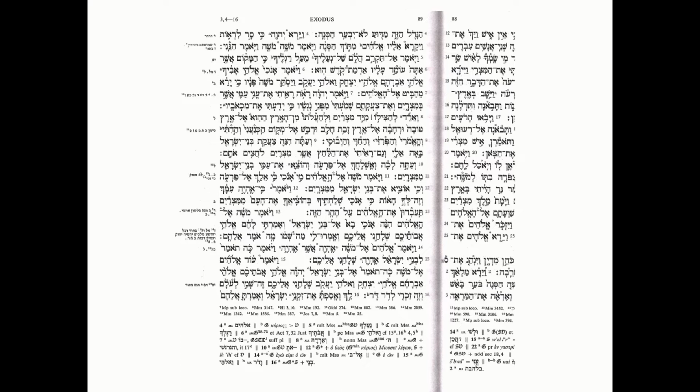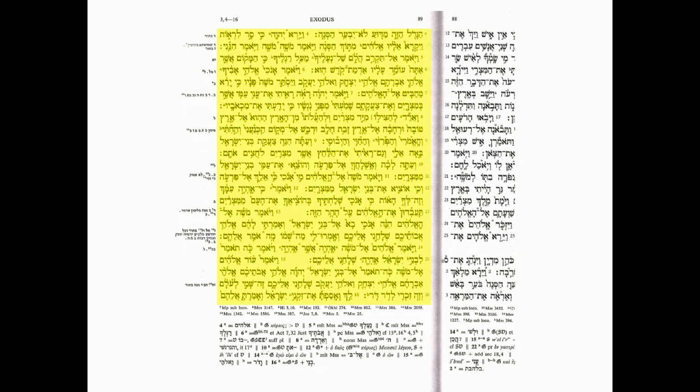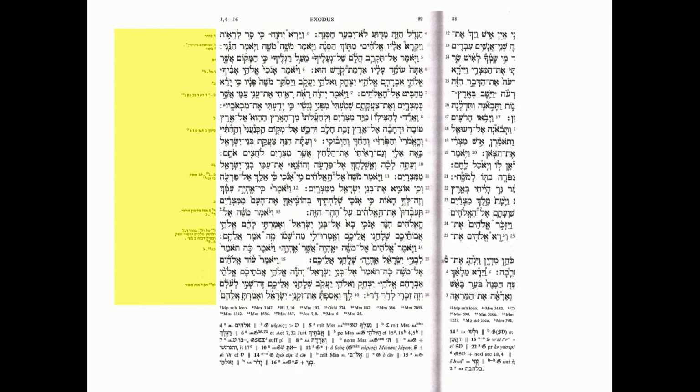On the page, you have 4 primary parts. The main text, this is the actual Hebrew Bible. The Masora Parva, the small Masora, these are notes from the scribes out in the margins.